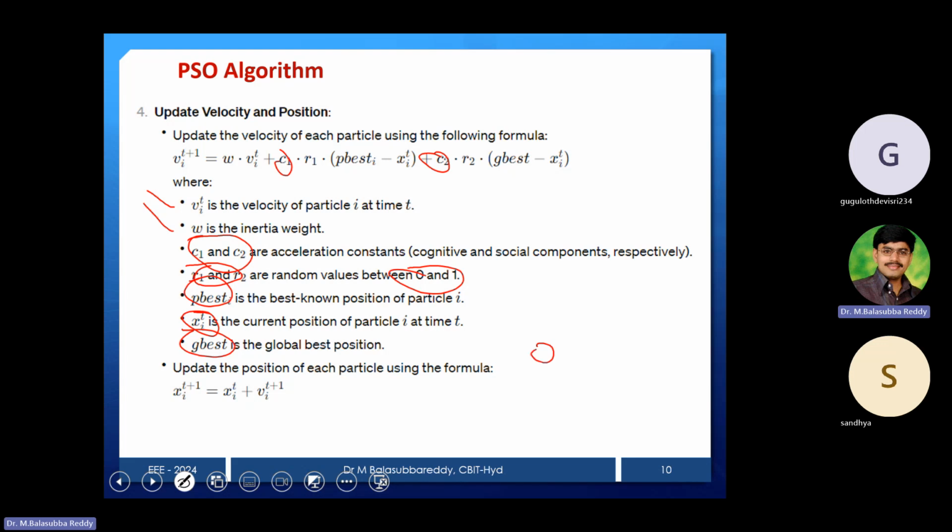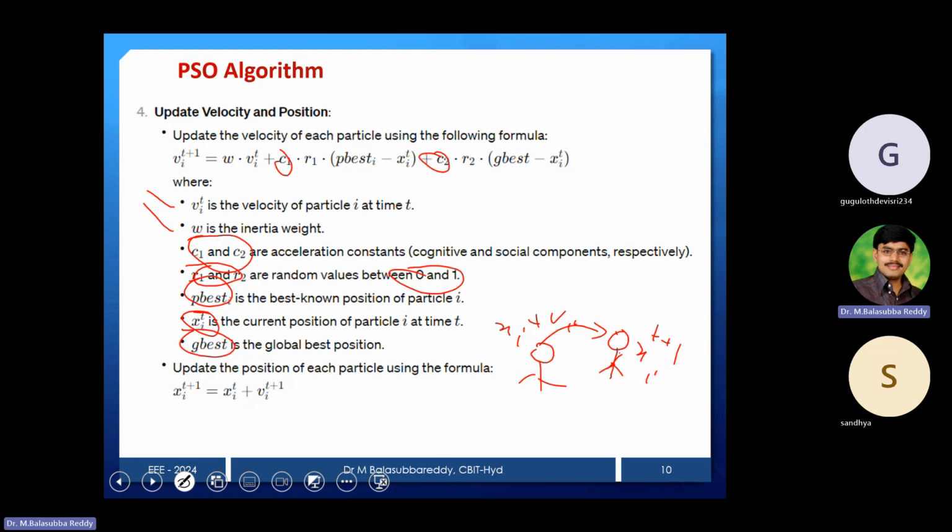Now I'm here, and I'm moving with some velocity. Then I want to know what this position is. How can I get it? It will be the current position plus the velocity, and that will give the new position. That is the difference. We are adding to the current position. Simple logic: you are at a point and you move 20 kilometers.